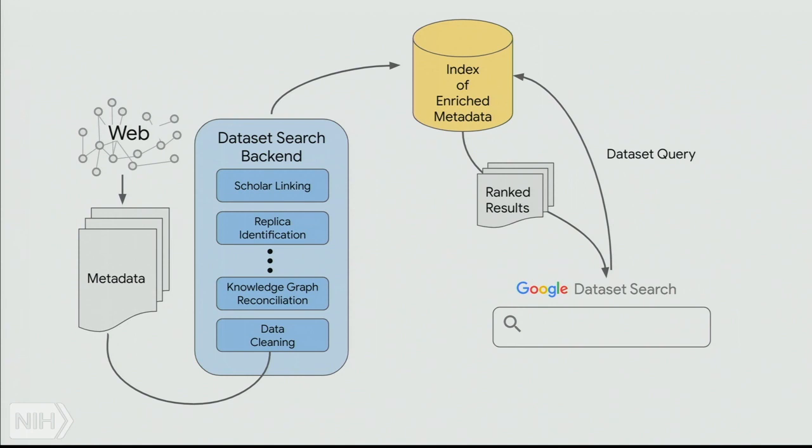We also do replica identification, which is basically saying that we start seeing some data sets being hosted in multiple locations. It's still a small percentage of all data sets out there, but to provide high quality results, we don't want these duplicates, and we also want to figure out what is the best location to point the user to in terms of a data set.